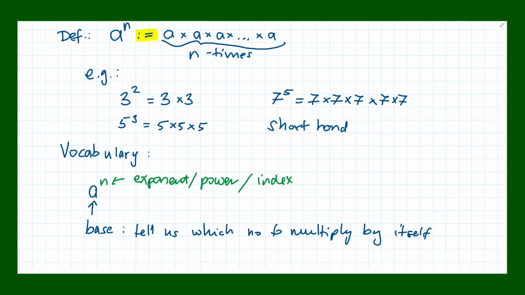So most of the time I'm just going to refer to it by either exponent or power. Now, what does the exponent or the power do? Well, it tells us how many times to multiply the base by itself.